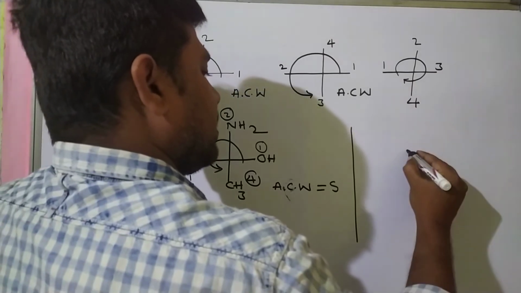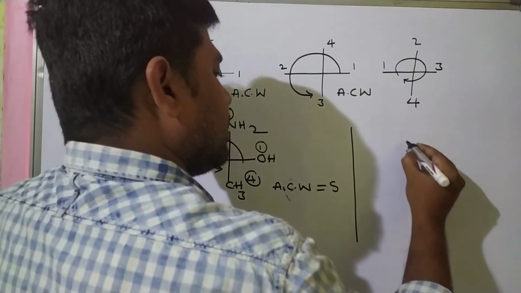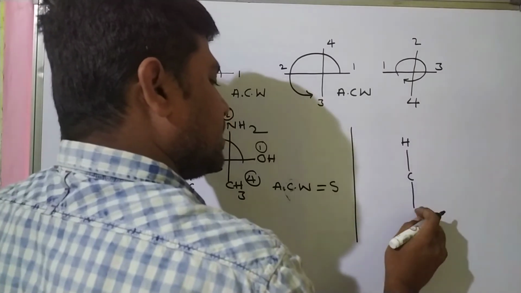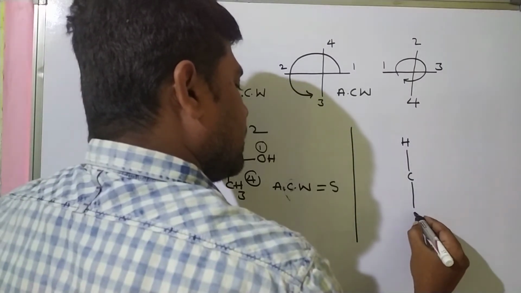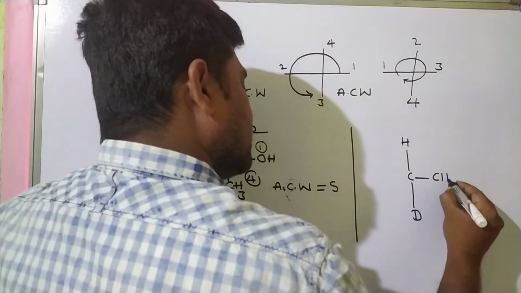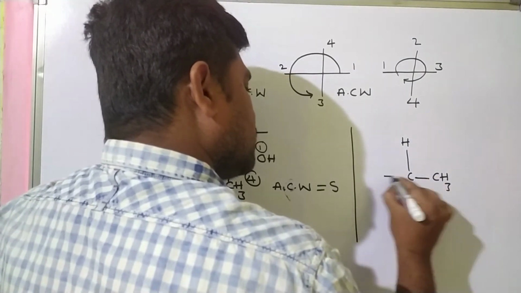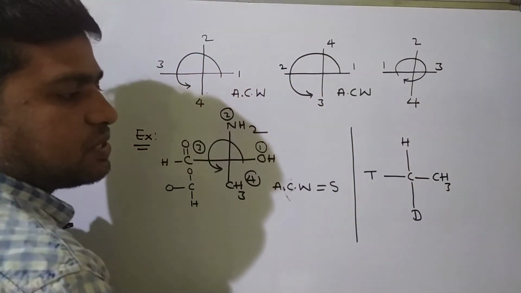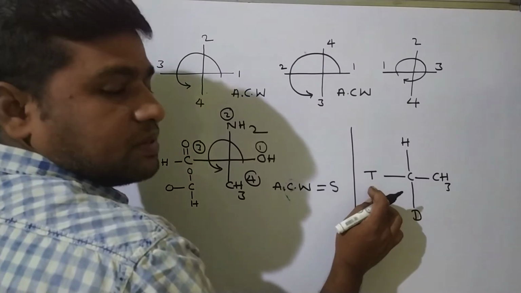Here a hydrogen atom at the vertical place. Here a deuterium atom. Here a carbon atom, meaning a methyl group is there. And in this case a tritium is there. Okay, students, here isotopes are present.